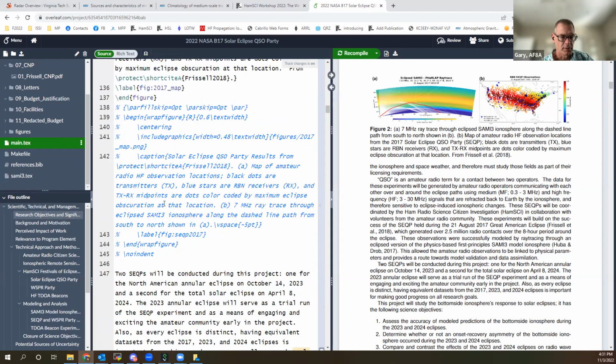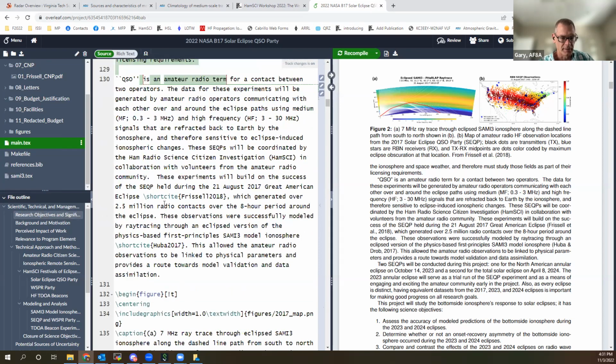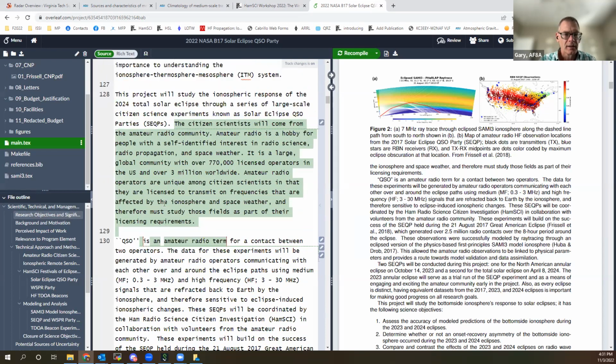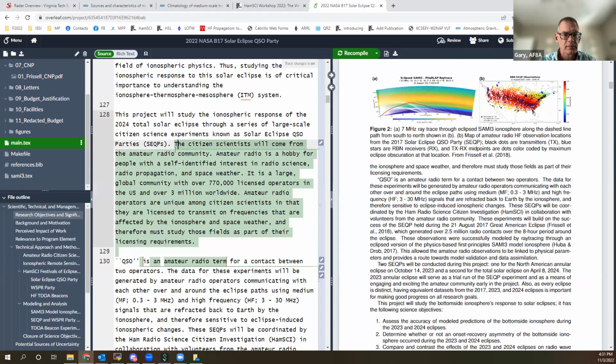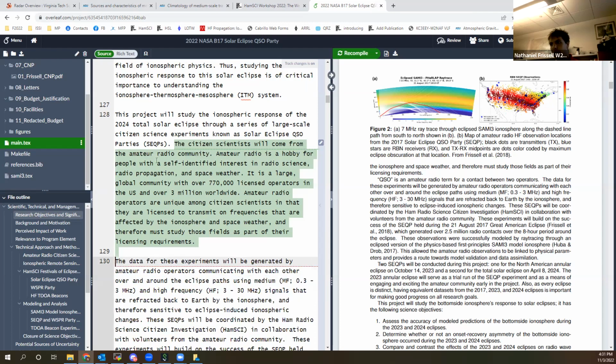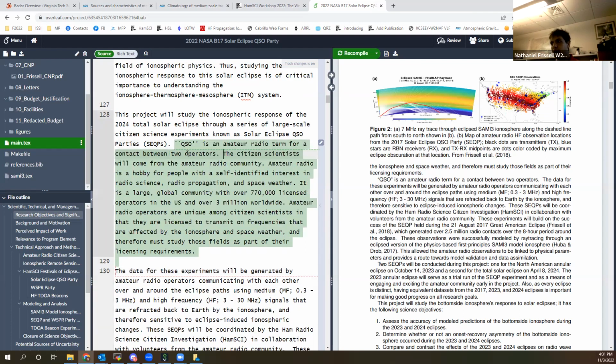Or it'd be better to put your definition of a QSO party up there, just to get the whole thing covered out of the way. Yeah, I want to make the beginning part a little quicker and to the point about the science, and I don't want to get too much in the weeds up here. Understood.